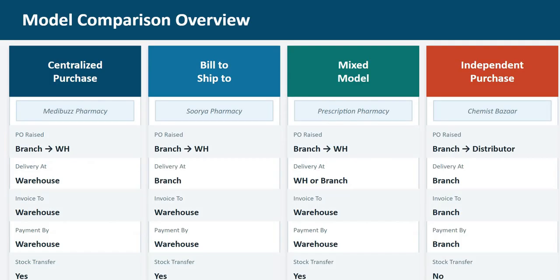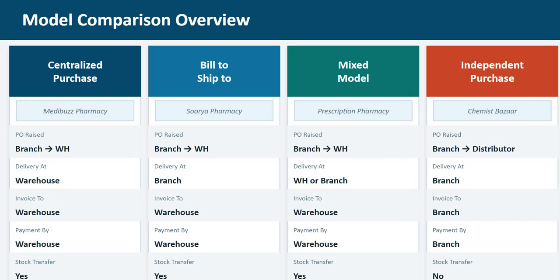So if you want to understand the key differences: in 3 of these models, centralized purchase, bill to ship to, and mixed model, the PO from the branch is always raised to the warehouse only. In the centralized purchase model, the delivery happens to the warehouse. In bill to ship to, it is delivered to the branch.